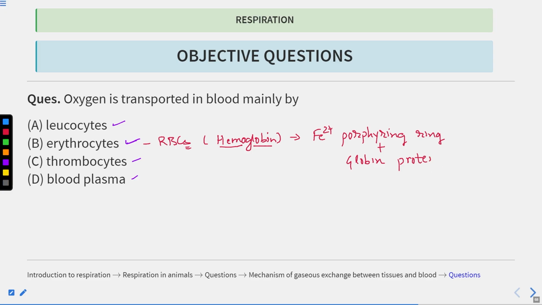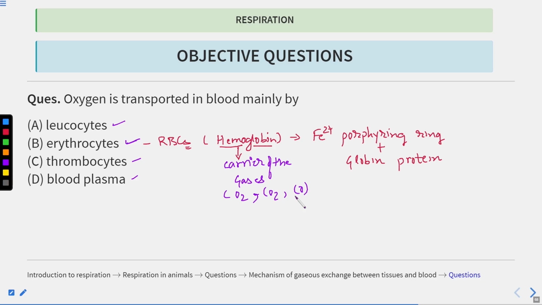And this hemoglobin is the carrier of the gases, it helps to transport the gases. What kind of gases? It can bind to oxygen, it can bind to carbon dioxide, and it can bind to carbon monoxide also.